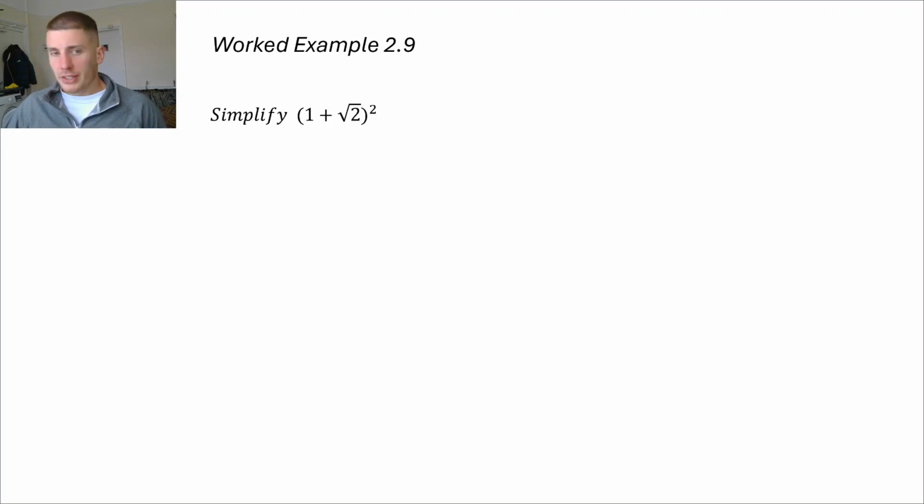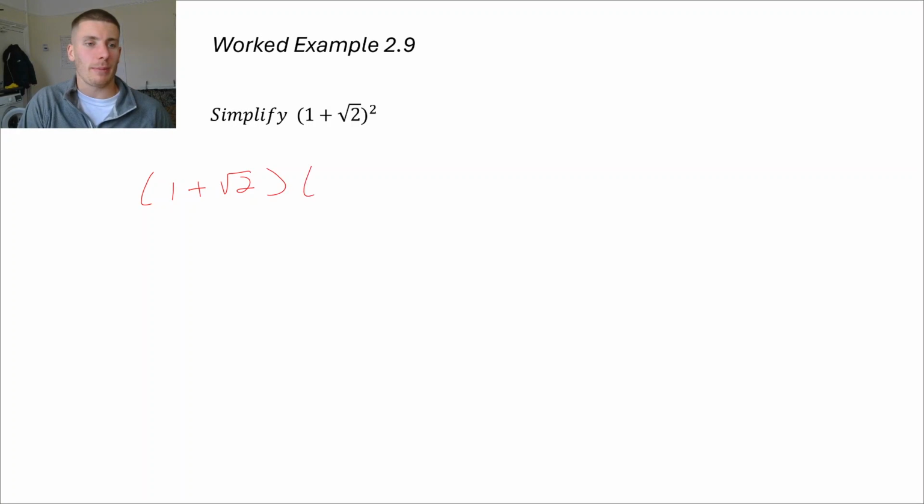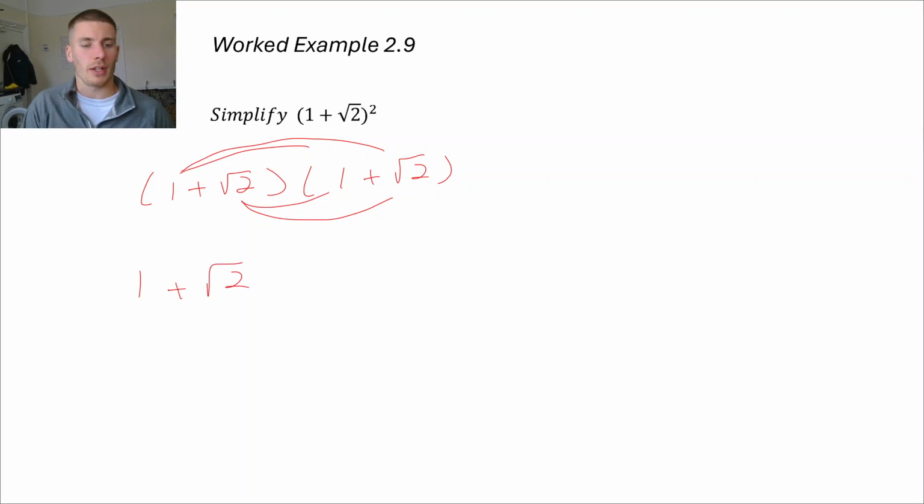If we write it out in full, we've got 1 plus root 2 timesed by itself, so expanding brackets: first by first, first by second, second by first, second by second. 1 times 1 gives you 1, then 1 times root 2 is plus root 2, then root 2 times 1 is again plus root 2, then root 2 times root 2 is root 4, so plus root 4.